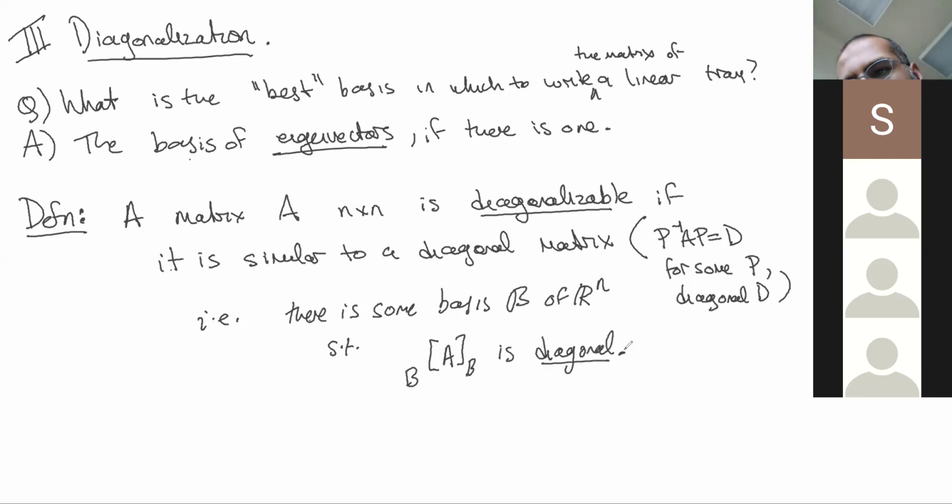And we saw in the previous slide that these are the same thing. Being similar to a diagonal matrix means that there's some basis in which the matrix is diagonal. Now, why do we like diagonal matrices so much?